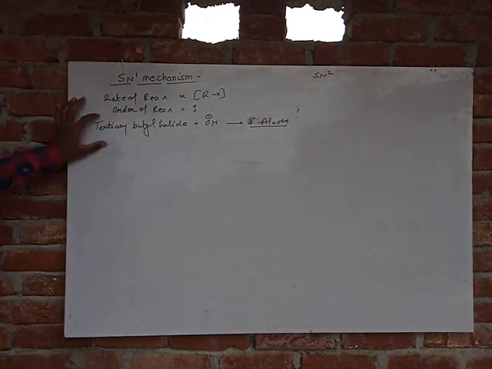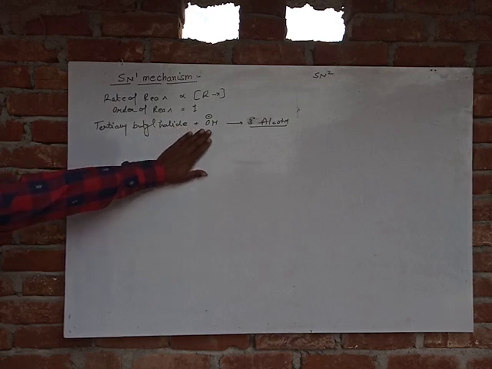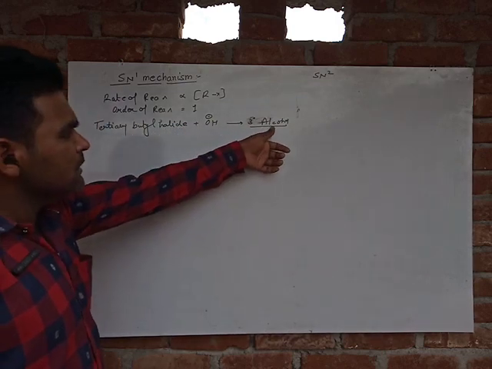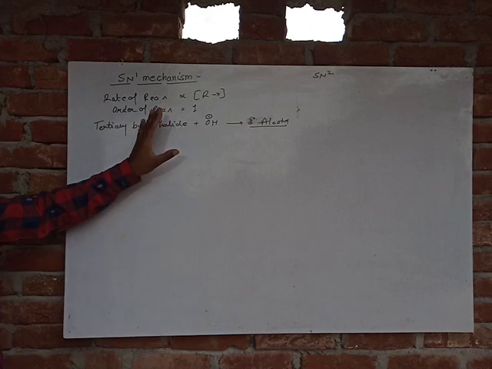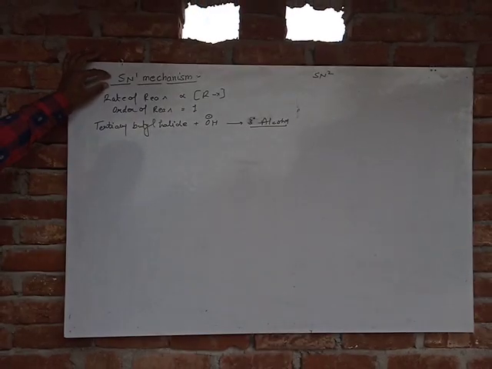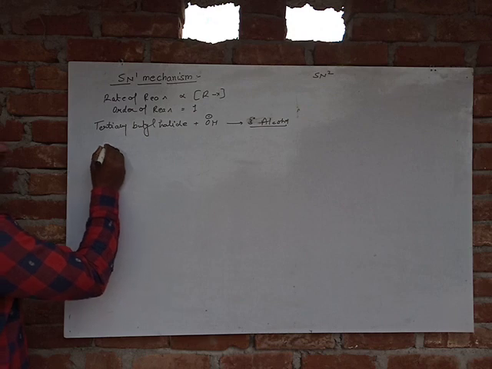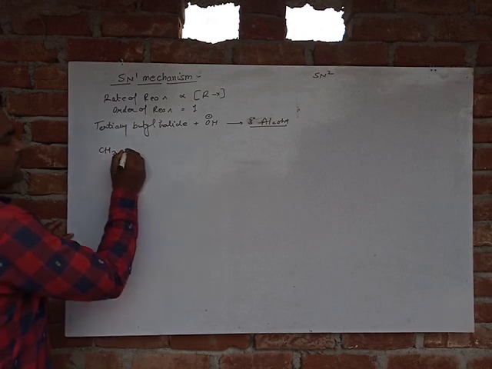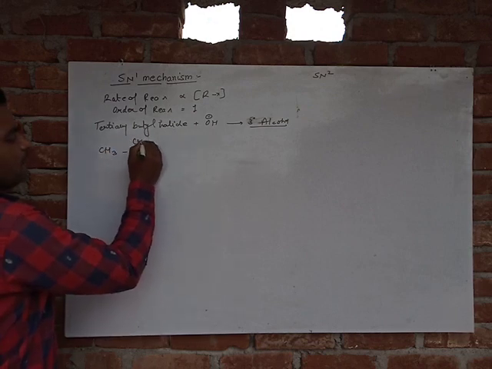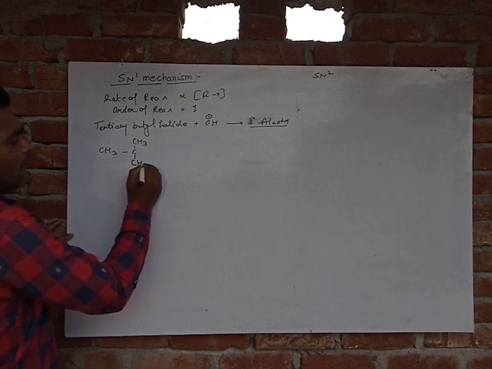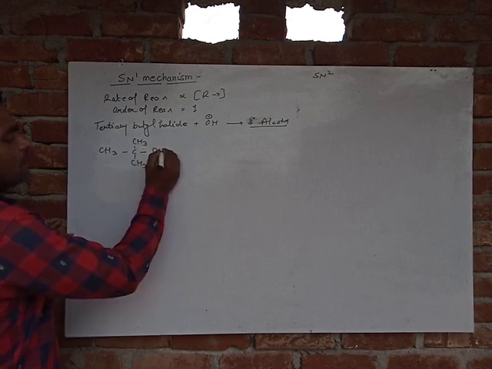This means a tertiary halide, when it reacts with hydroxide, forms a tertiary alcohol, and the mechanism of this reaction takes place by the SN1 mechanism. This is the tertiary halide, CH3 and Br.